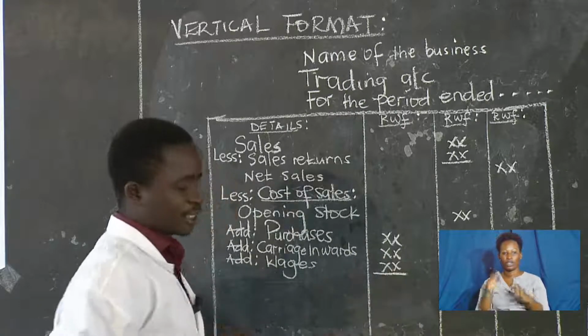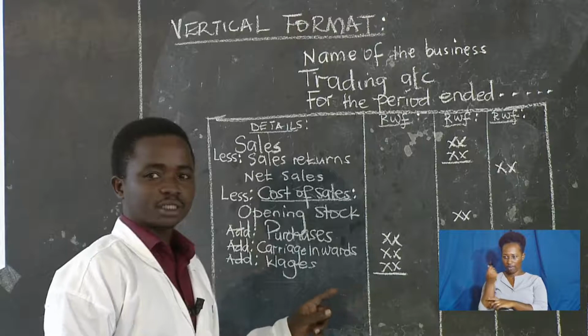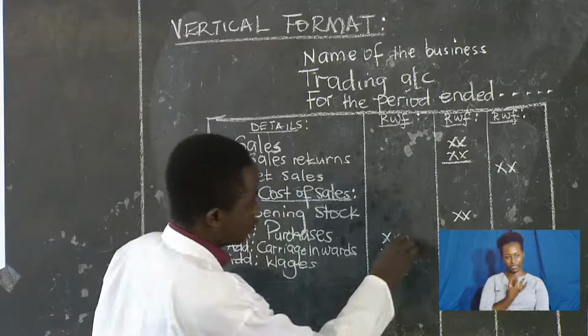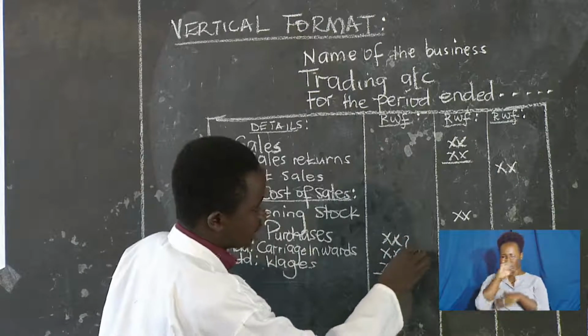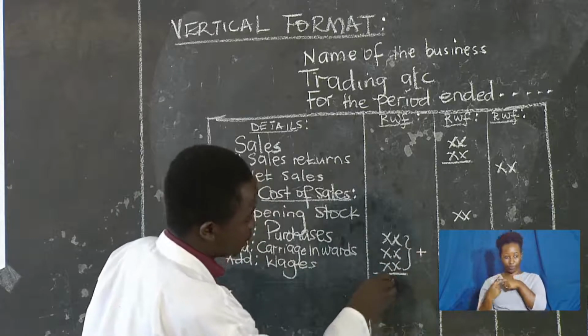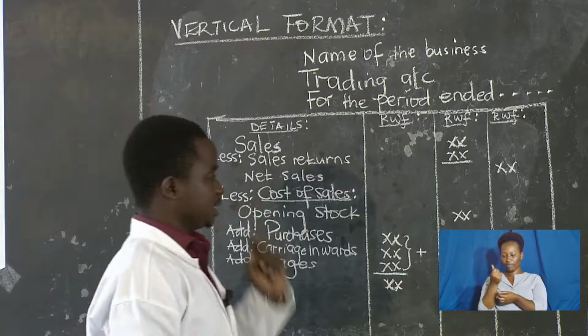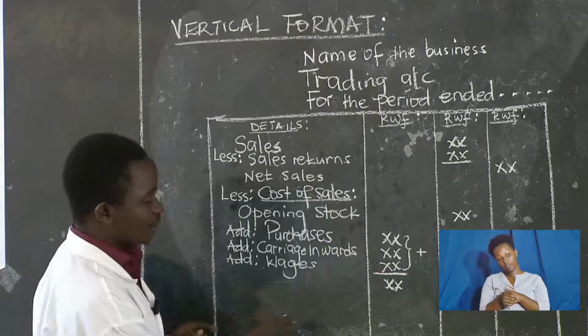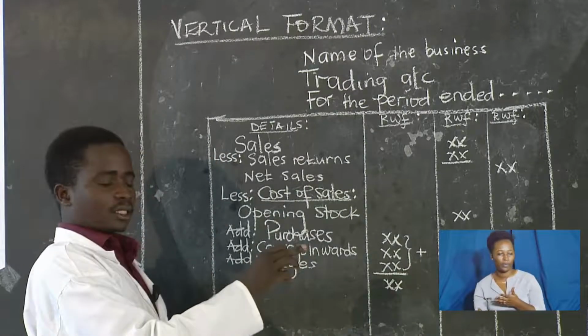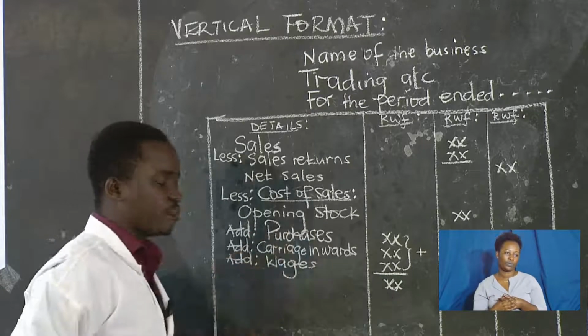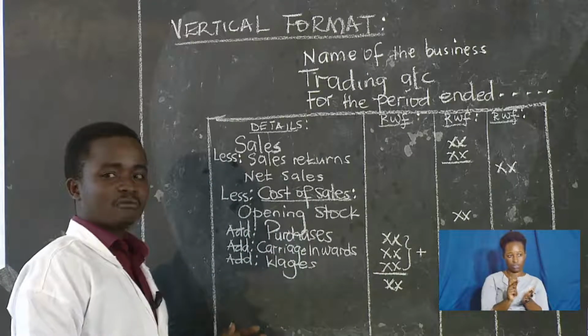After, you have to find out how much money has been spent, the cost of sales. So you have to add this. When you add, you get this total amount of money spent on purchases. Then in this case, you have to take away, out of the goods that you have bought, some maybe have got problems.